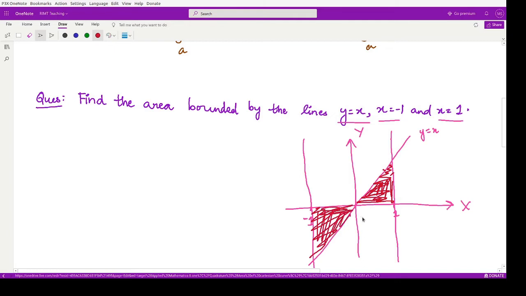So how can you do that? Now you see this region that is attached to this x-axis, that is bounded by this x-axis. So how can we find this area?